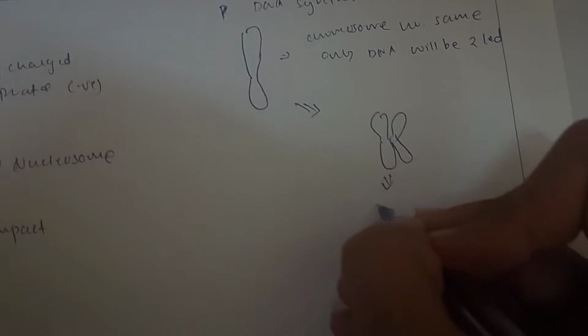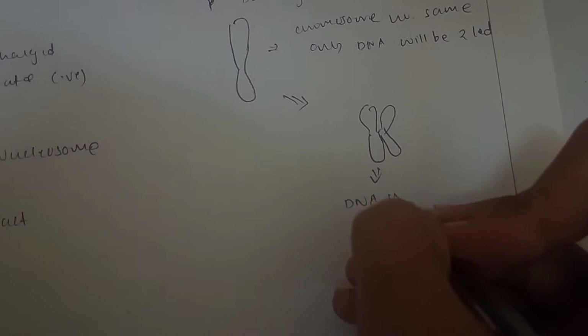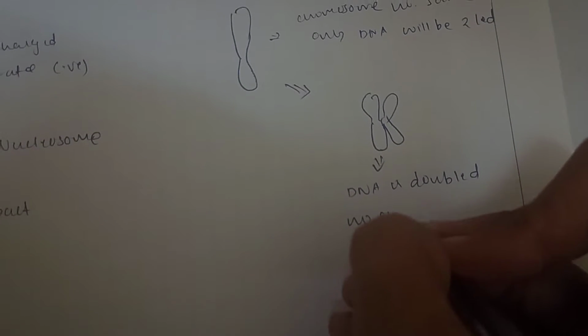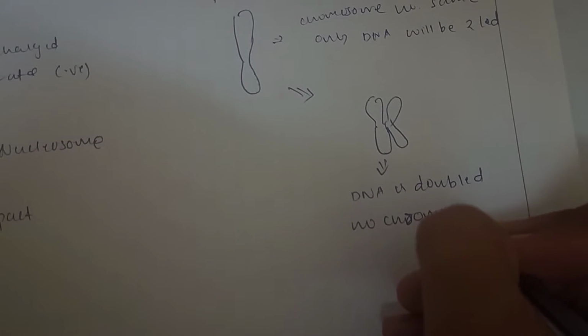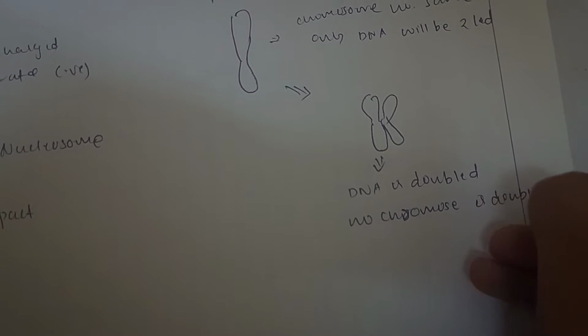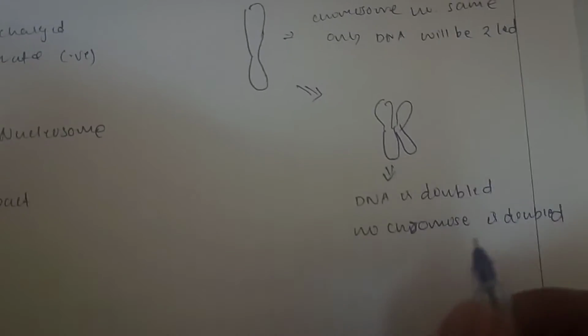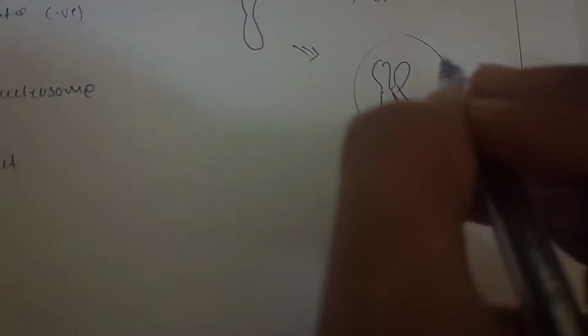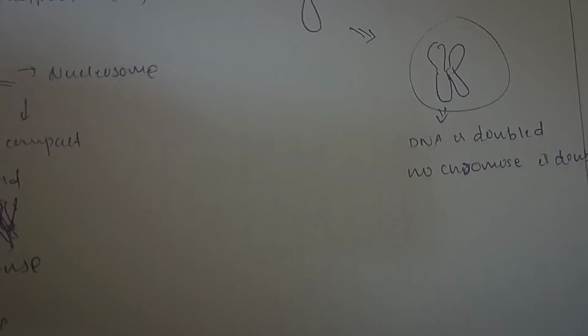It means that only the DNA is doubled, the chromosome is not doubled. It doesn't have any effect on the chromosome, okay? The chromosome remains itself, but only the DNA is doubled. This is the main point where everyone gets confused.